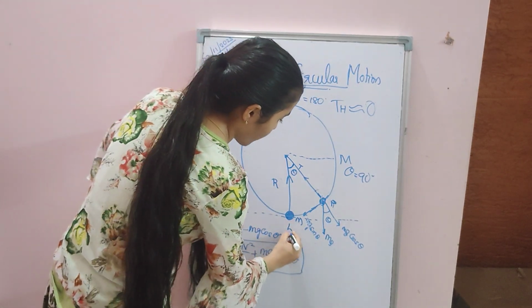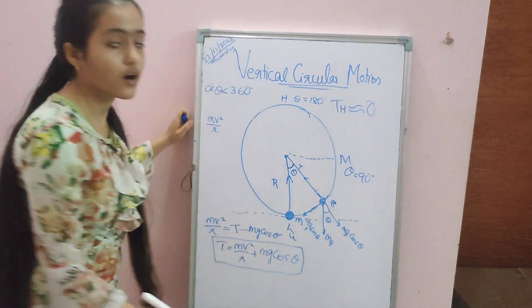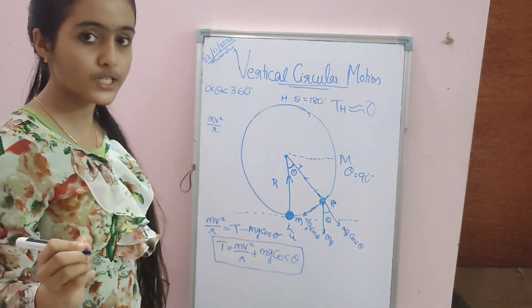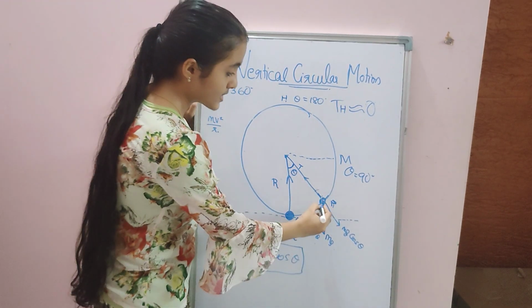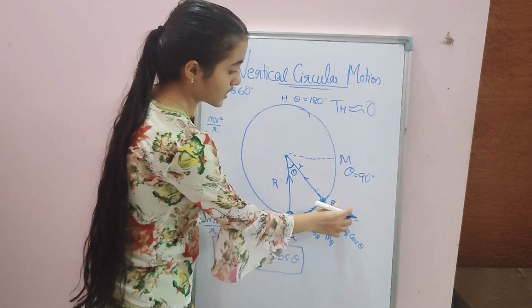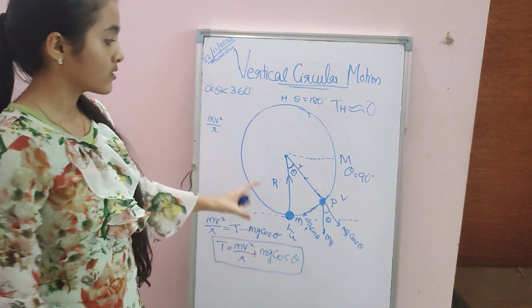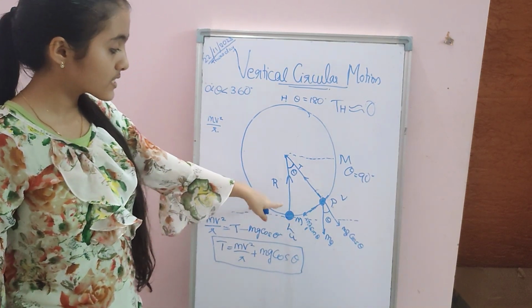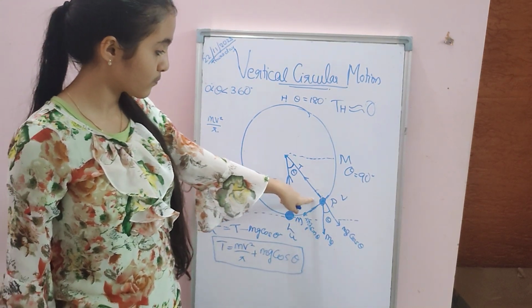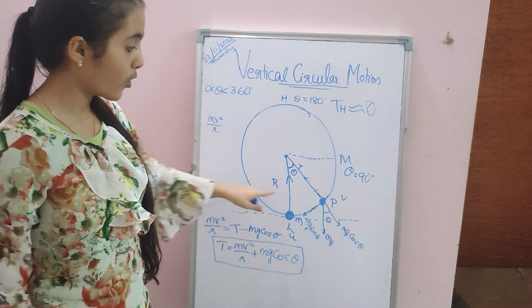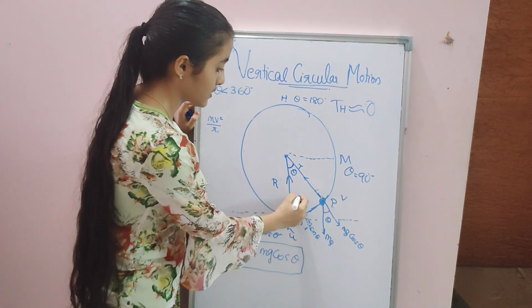At the lowest point, the body has a velocity u. At this point P, let's say the body has a velocity v. Looking closely, we can see that at the point P, the bob is a little bit higher.